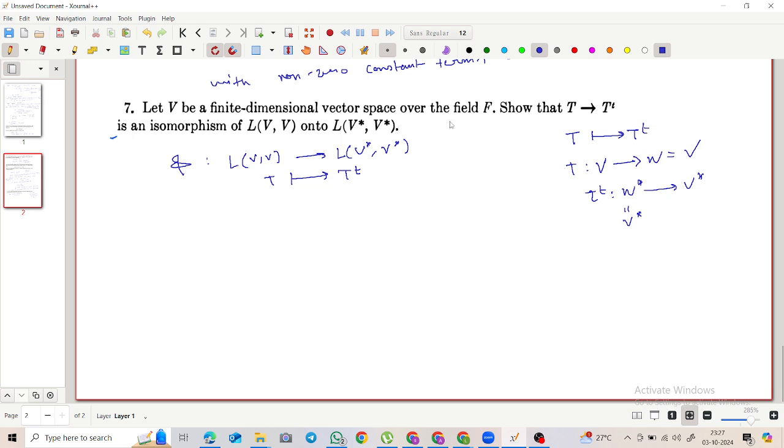So they are saying that this is an isomorphism. But how to say that?